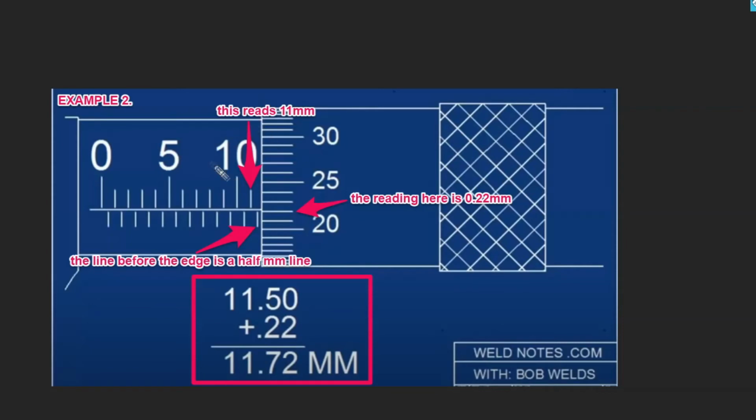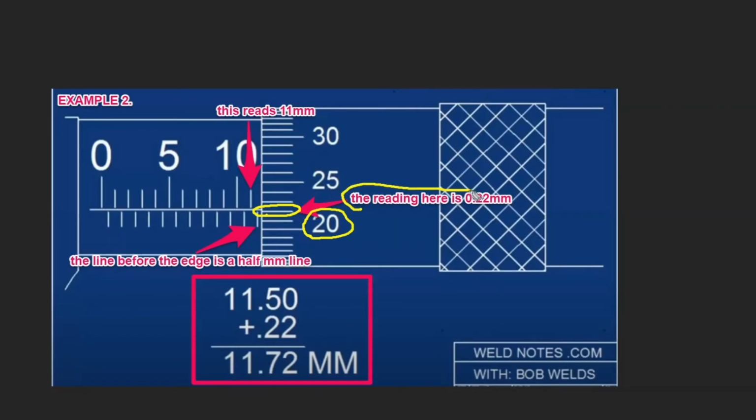Once we figured out the barrel scale reading, which was 11.50 millimeters, we now look at the thimble. Now the reading at the thimble, as you can see, the line which lines up the best with the middle line right here is this line, right? And this line right here reads 0.20 millimeters, 0.21, 0.22.